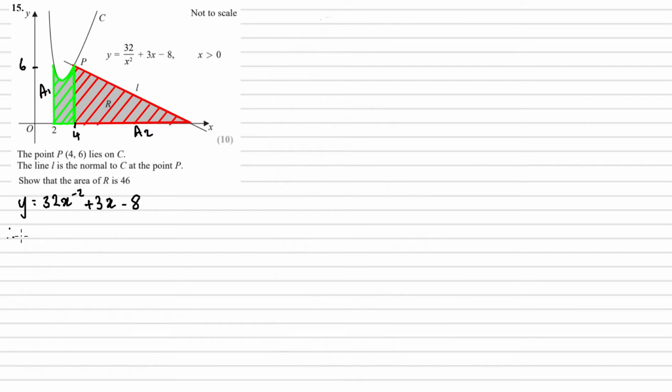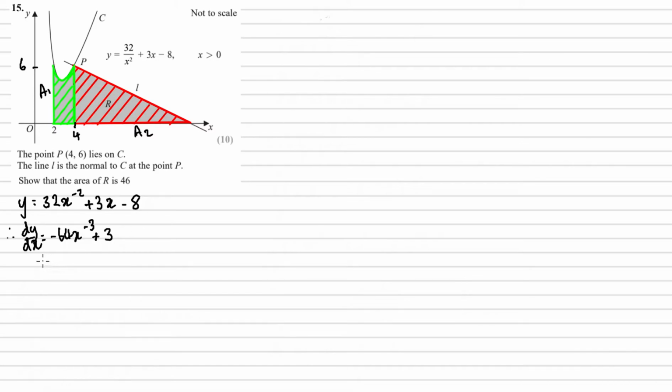I can now therefore say that dy by dx equals minus 64x to the power of minus 3, okay, timesing by the power and then subtracting 1 from that power again. Okay, so 3x differentiates to 3 and constants simply differentiate to 0.